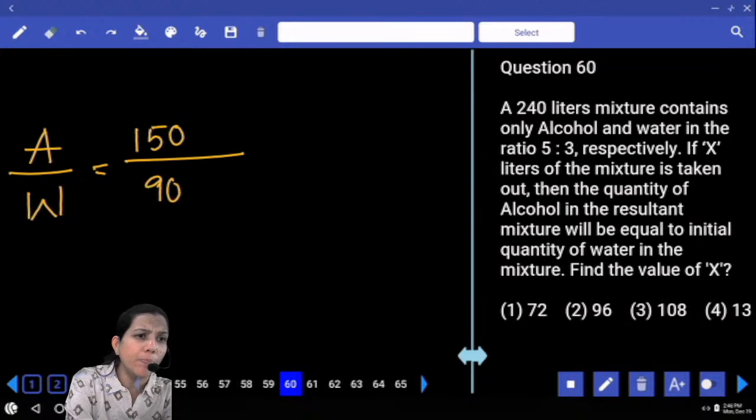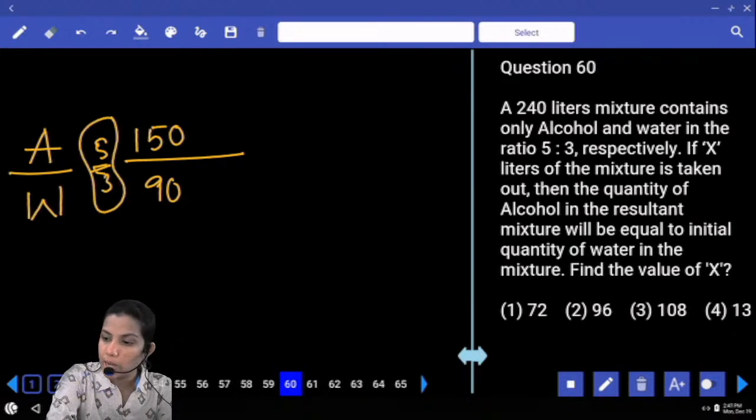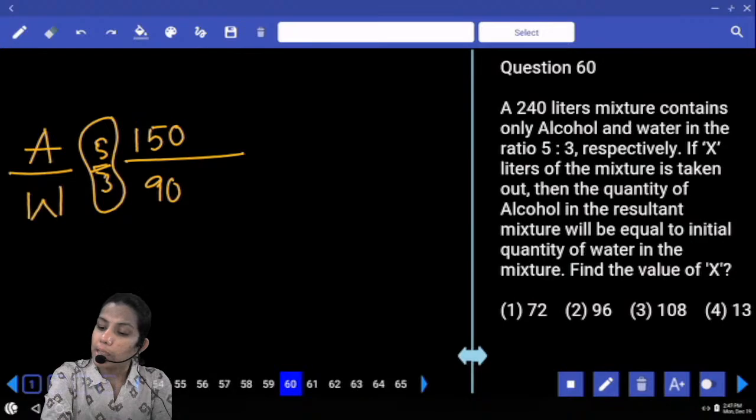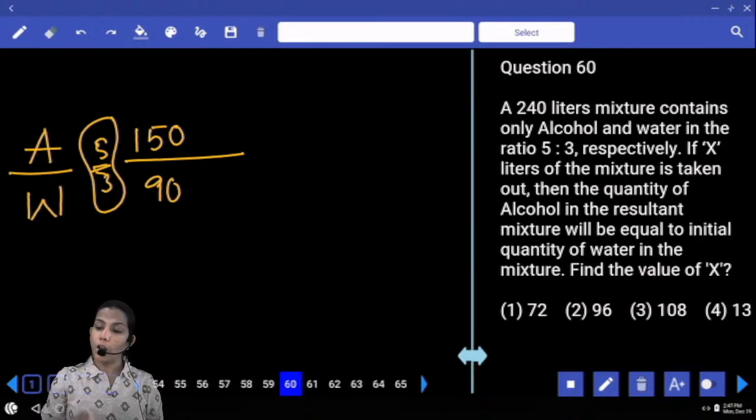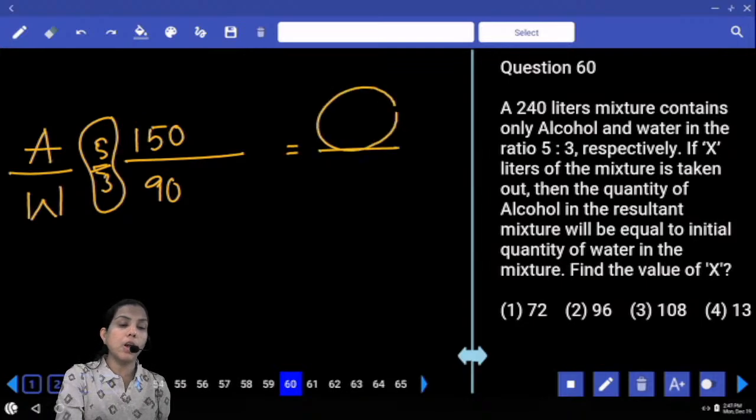What is the ratio? 5:3. Initial quantity 150, 90. Next, if X liters of the mixture is taken, then the quantity of alcohol in the resultant mixture will be equal to the initial quantity of water in the mixture.